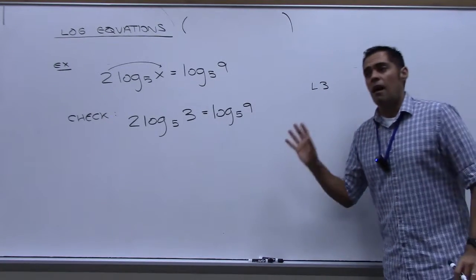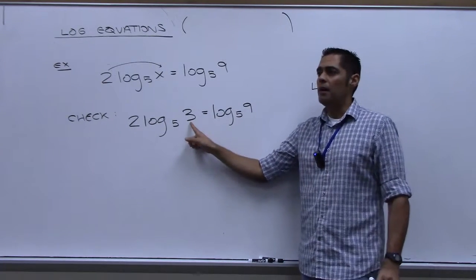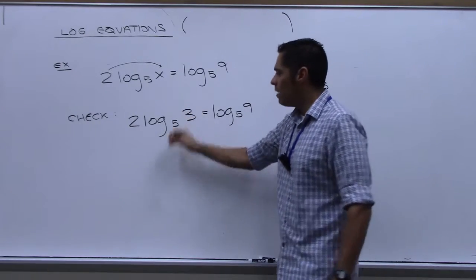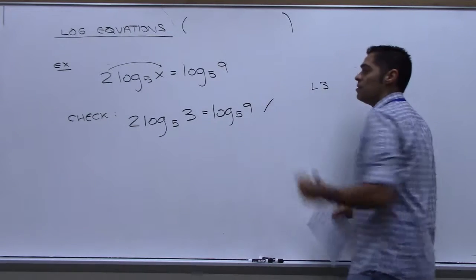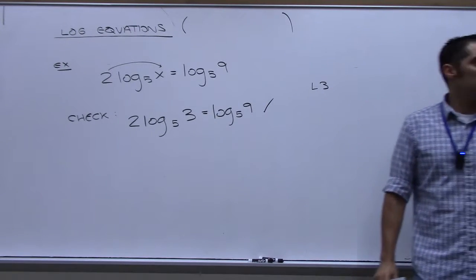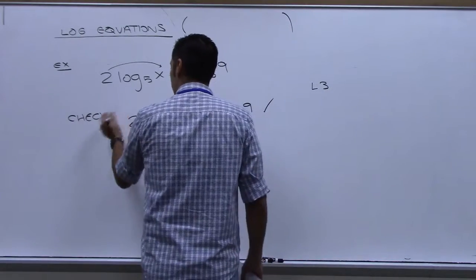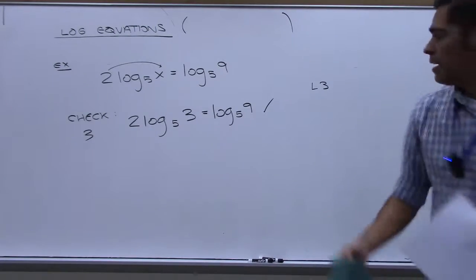I can never plug a negative into a log. When I plug the 3 in there, that's not a negative. So I can take log base 5 of 3, multiply by 2, and it should match this side. So this is okay. I'm just looking for problems with the domain. So here I was checking 3. Now let's check the other answer, which was negative 3.